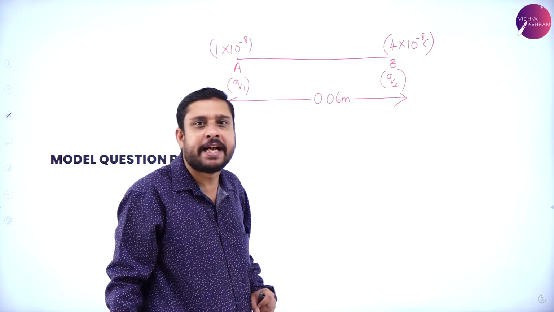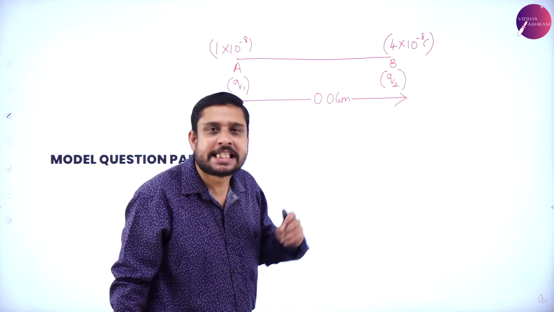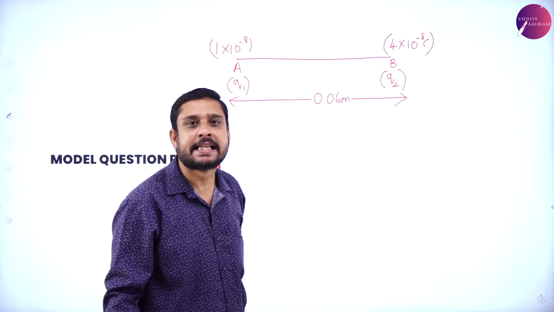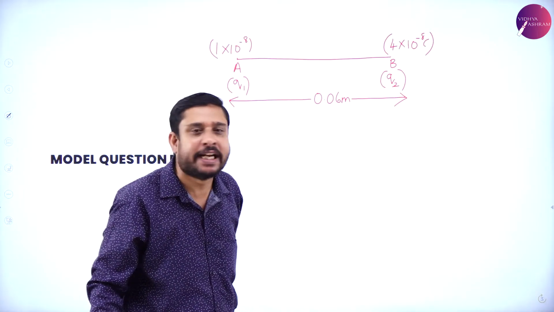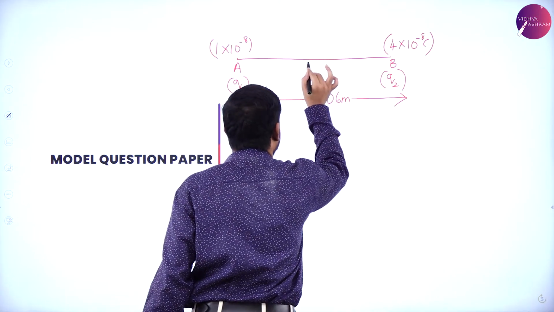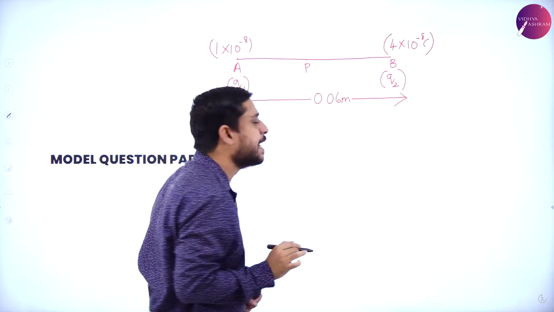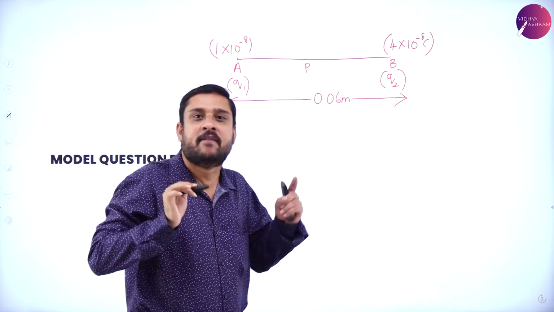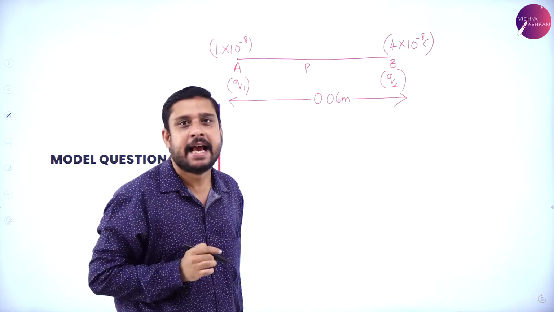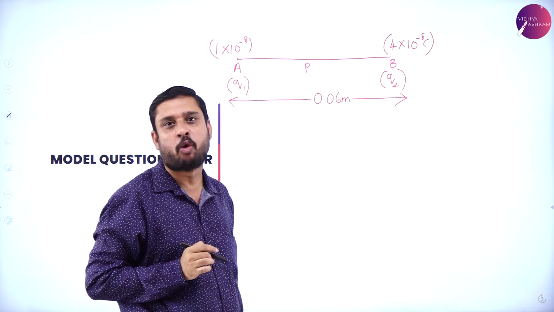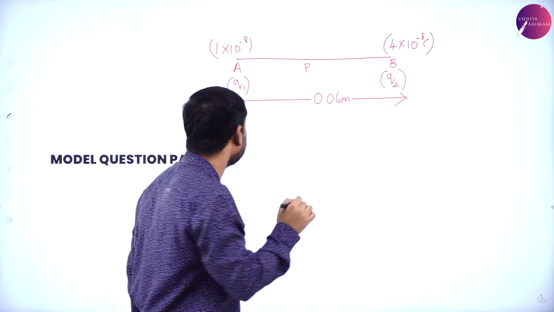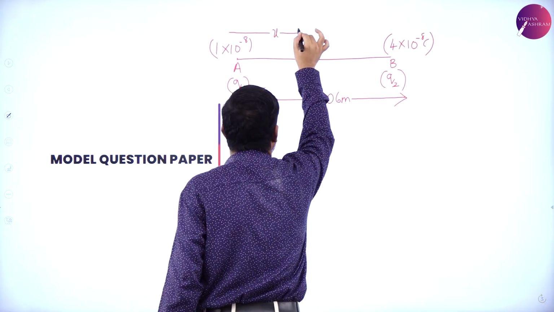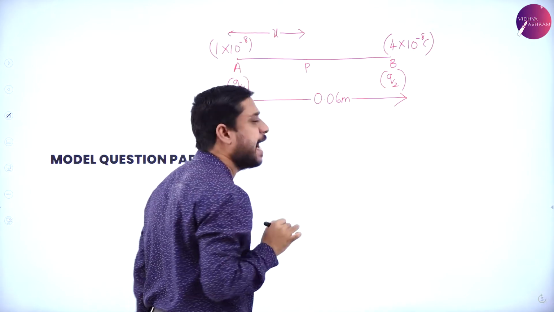I have to find the position between them where the resultant electric field is 0. So I assume P is a point between the 2 charges where the resultant electric field is 0. Now, the distance between A to P I call as x.